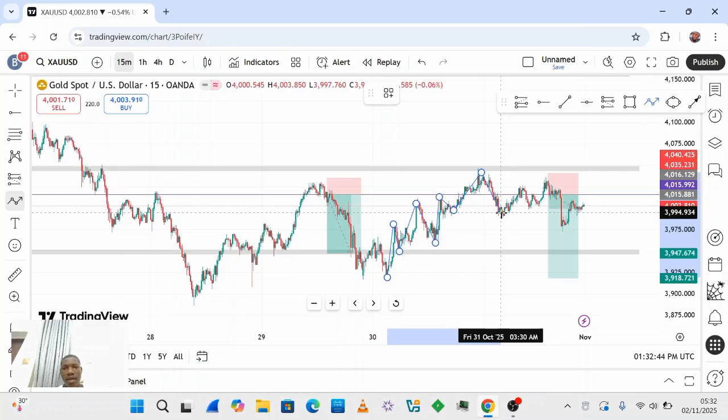This might be a higher low, and this was supposed to make a higher high, but it made a lower high.